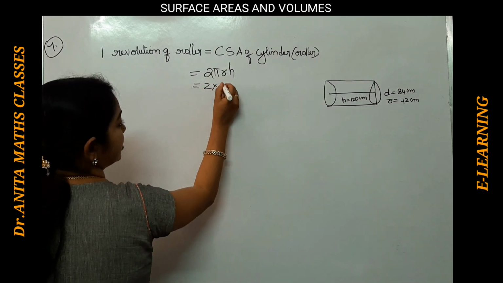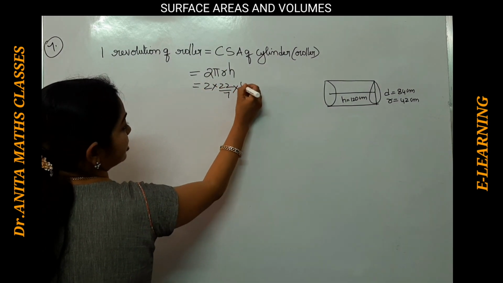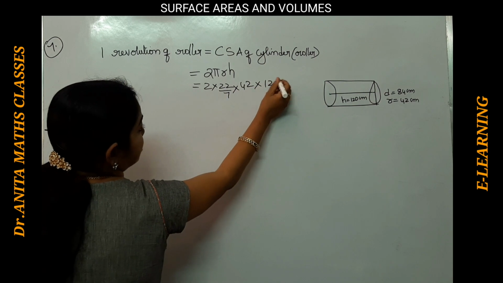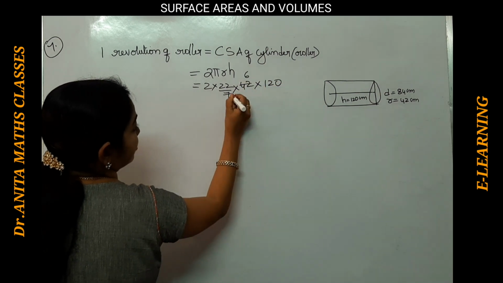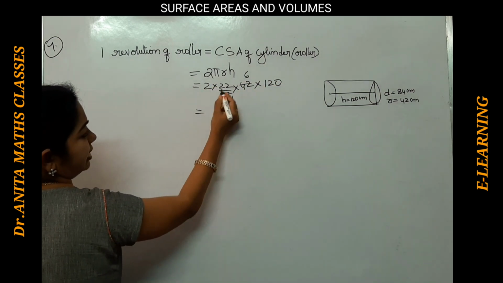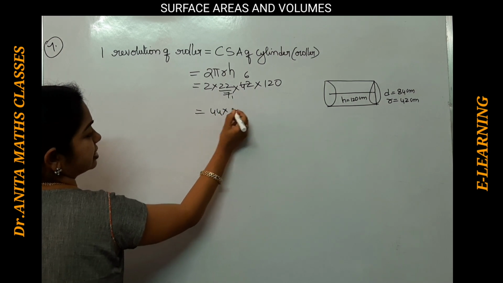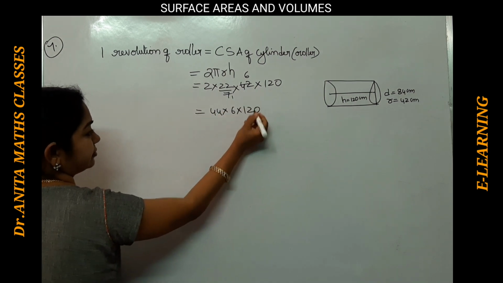So 2 into 22 by 7 into 42 into h, which is 120. 7 sixes are 42. So multiply 44 into 6 into 120.